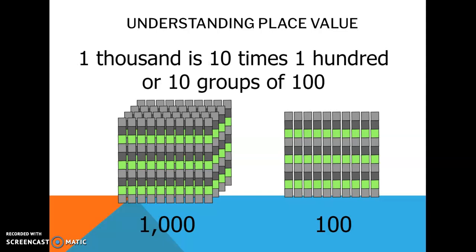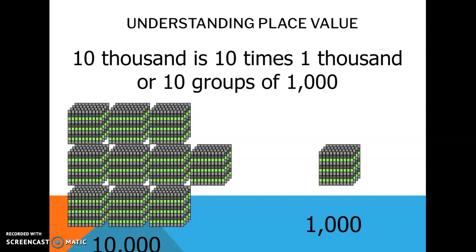If I take 10 100s and put them together, then I'm going to get 1,000. Think about it. 100, 200, 300, 400, 500, 600, 700, 800, 900. What comes next? 1,000. 1,000 is 10 times 100, or 10 groups of 100.